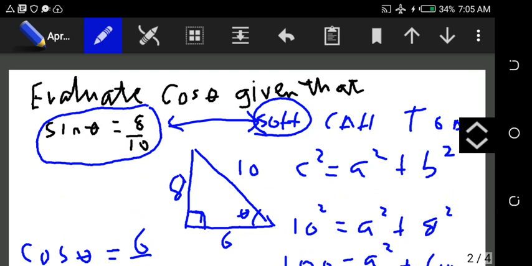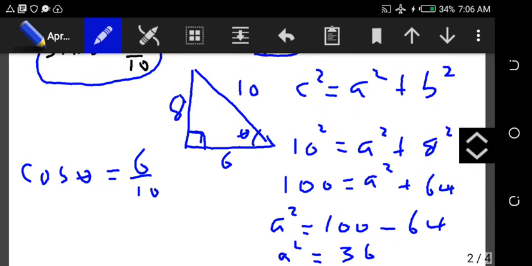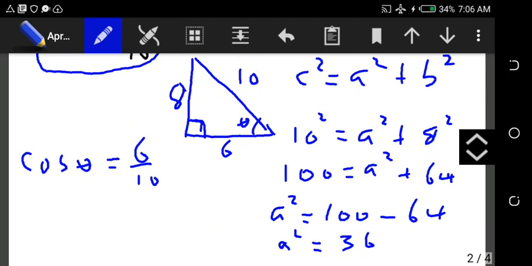So what you want to do is make a diagram of a right angle triangle, then fix in the values using your knowledge of SOHCAHTOA, and then use Pythagoras theorem to derive the missing side. Once you have complete information, you can then evaluate others.